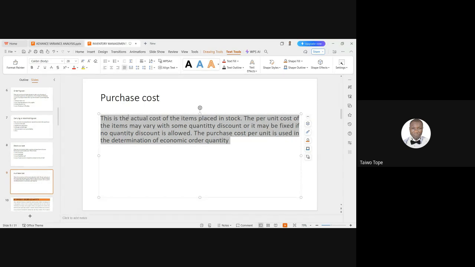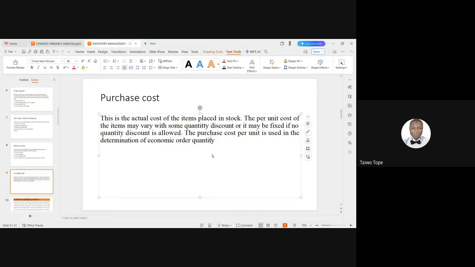When we talk about economic order quantity, that is EOQ, EOQ is the optimal quantity of stock a company should order each time so that the total inventory cost is minimized.